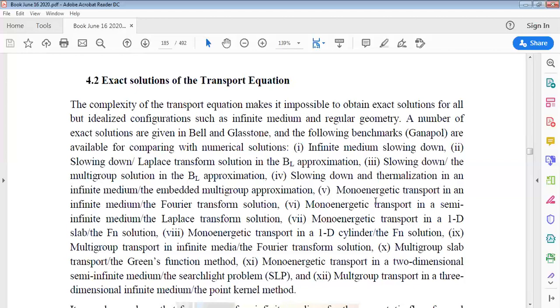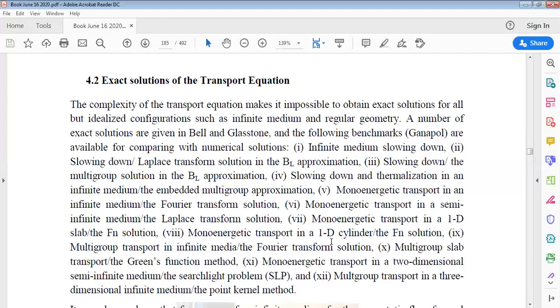For example, he has looked at monoenergetic transport in an infinite medium using the Fourier transform. Then monoenergetic transport in a semi-infinite medium using the Laplace transform. Then monoenergetic transport in a 1D slab, the FN solution, and monoenergetic in a 1D cylinder.